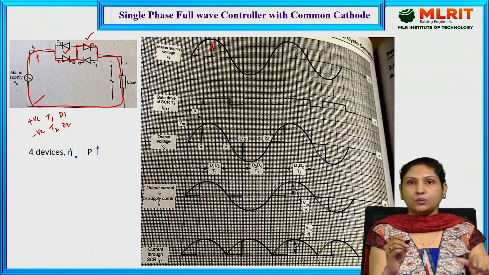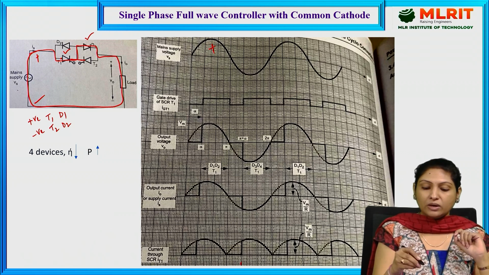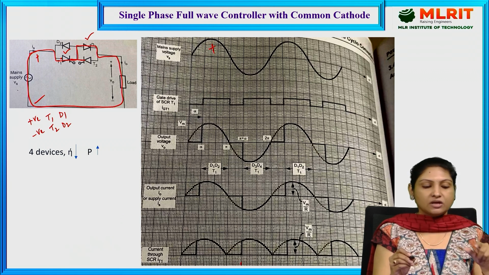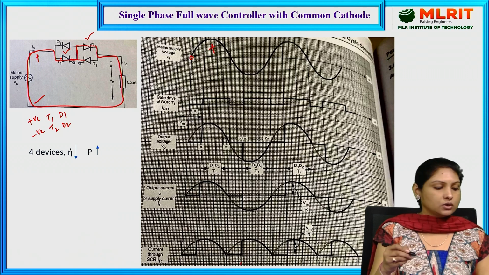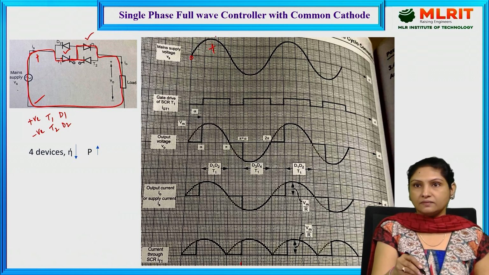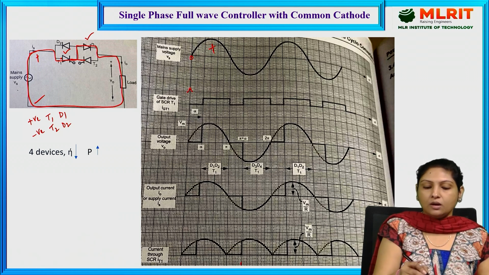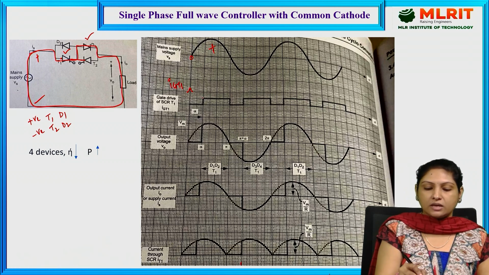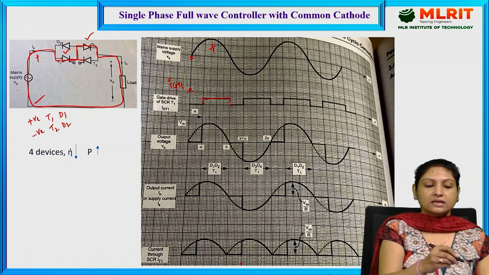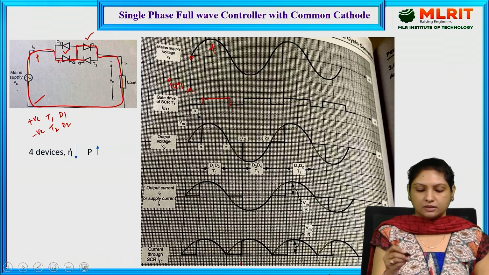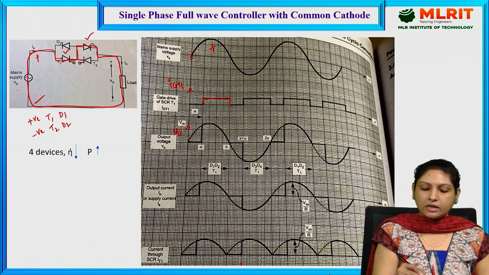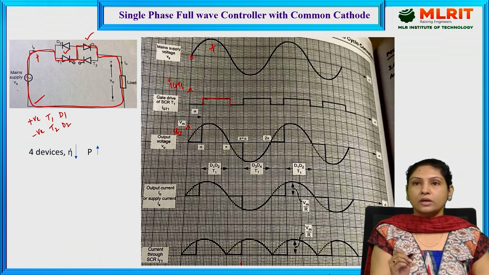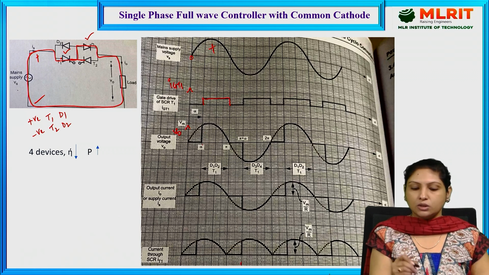Since T1 and D1 need to conduct together, only when we provide the triggering pulse does the device start conduction, otherwise not. This is the instant called zero crossing, where the positive half cycle has appeared. But only when we provide the gate triggering pulse for thyristor 1 do the devices start conducting. The output voltage starts appearing across the load right from the instant called alpha.